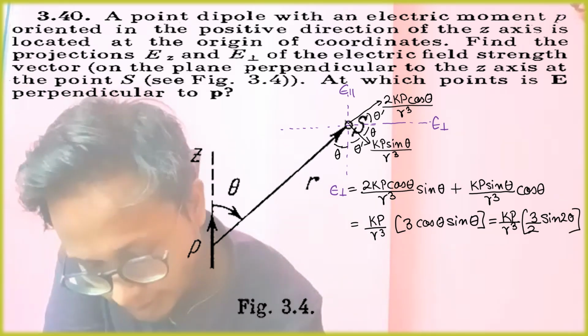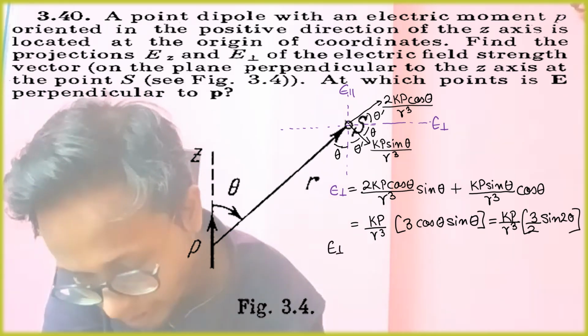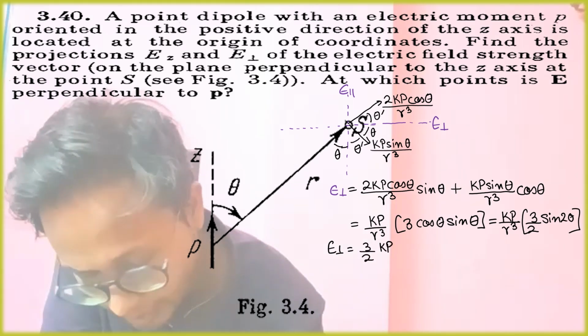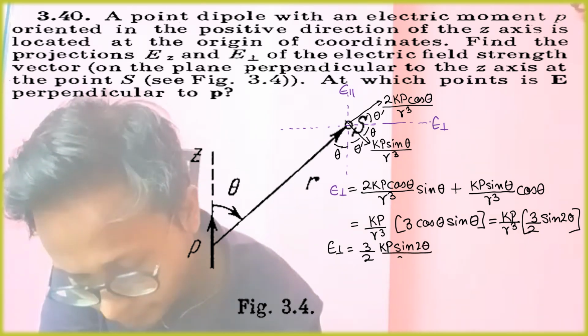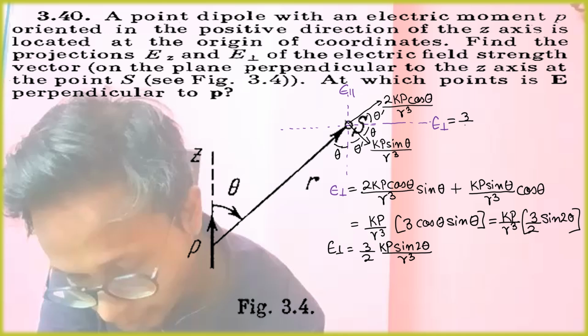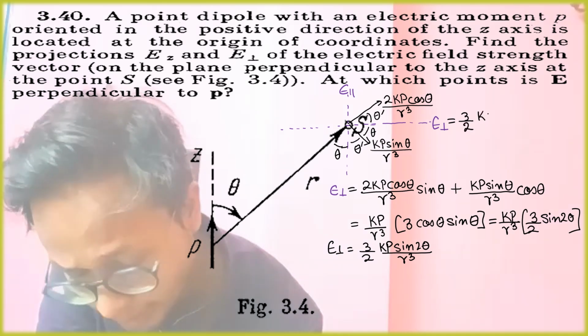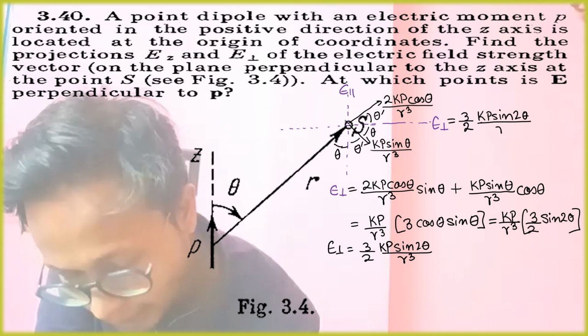Now I can rearrange this: the electric field at the perpendicular position is equal to 3 by 2 kp sin 2 theta by r cube.